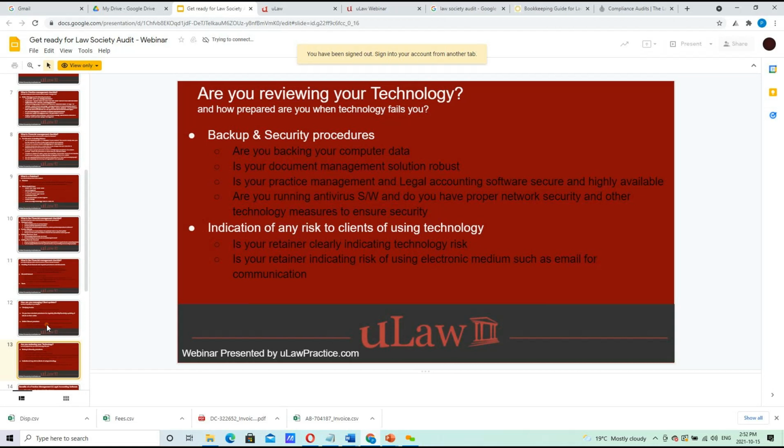Some auditors may actually get deeper into understanding the types of tools and areas of support that you have to manage your business. But some of the common questions that we've got from our clients and we've understood from friends in the industry, the top questions that they may ask you, and again, going back to the bookkeeping guidelines, one of the number one questions is the safety of the data.